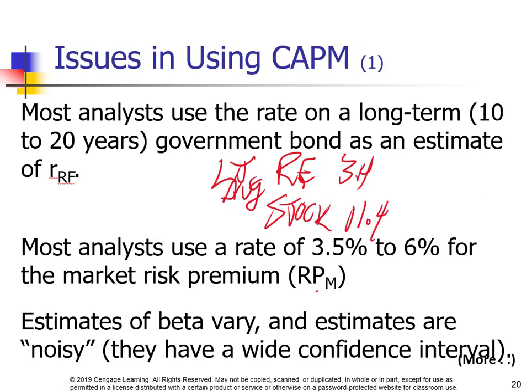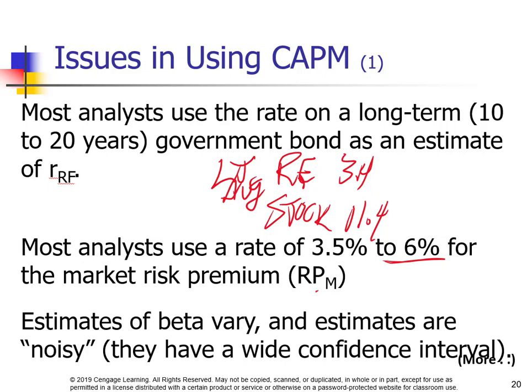I'm going to use 11.4 to make the math easy. So in reality, right now, it's around 8%. So if you use 3.5, it seems a little low to me. 6, 7, 8 sound like much more reasonable numbers for the current risk premium that we see.